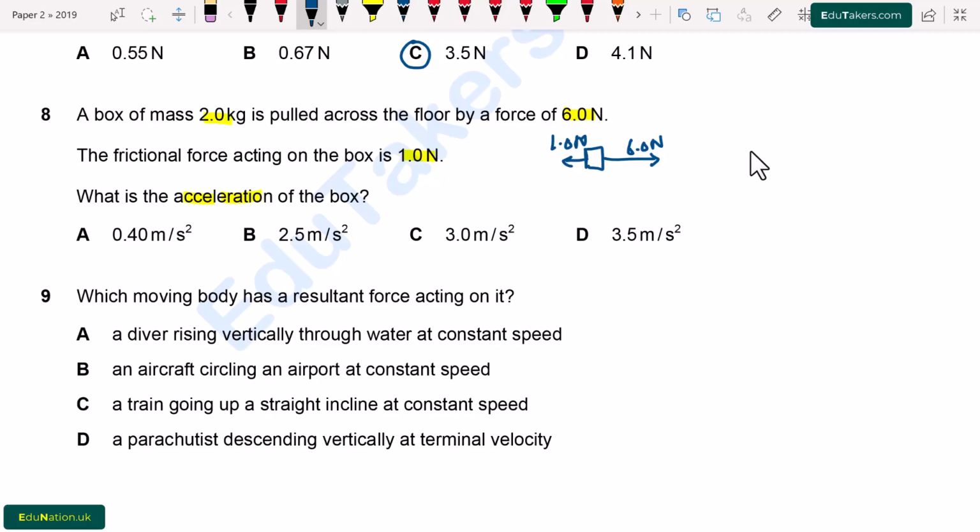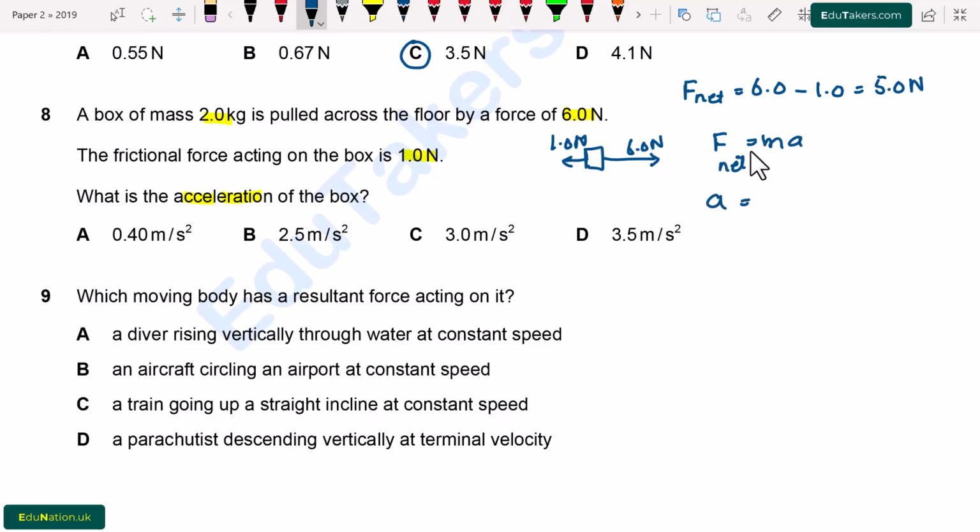So net force will be equal to 6.0 minus 1. Because both of these are in opposite direction, that's why I subtract these forces and it is equal to 5.0 Newton. Here I use Newton's law, F is equal to ma, but this force is net force.